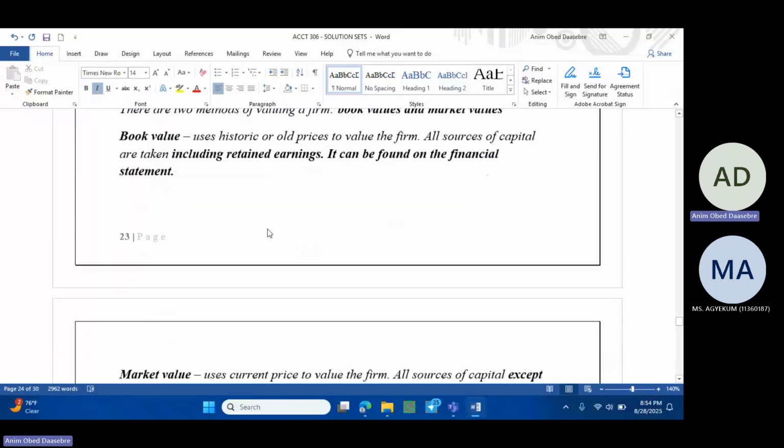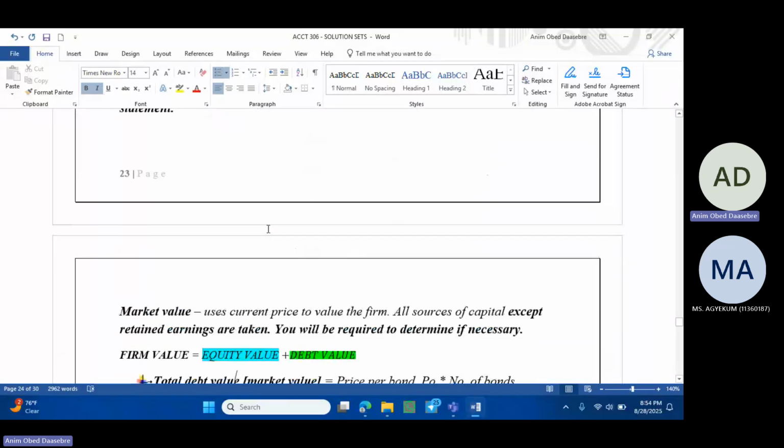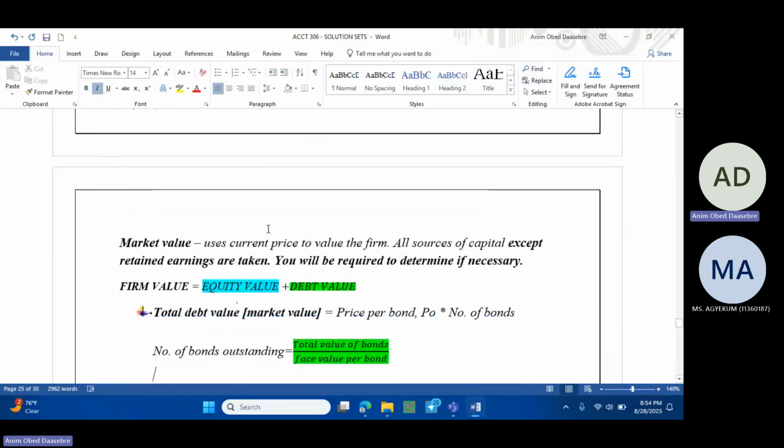Then the market value uses current prices to value the firm, and it covers all the sources of finance.